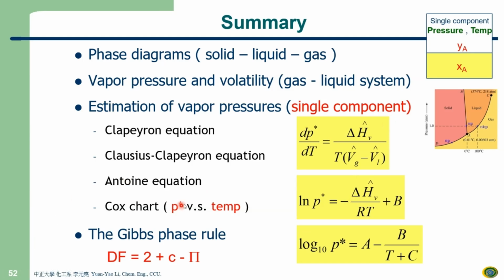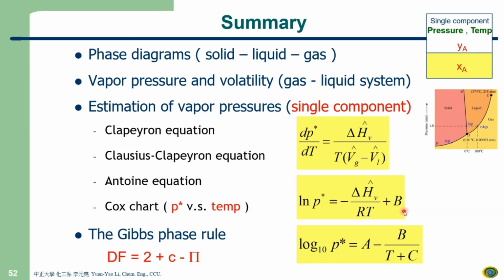The first equation lets us find out the latent heat. This is called the Clapeyron equation. The second equation is the Clausius-Clapeyron equation. Once we know the latent heat, we need to find the relationship between pressure and temperature, so we need to find out B first.